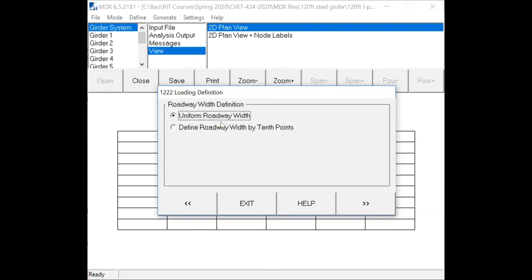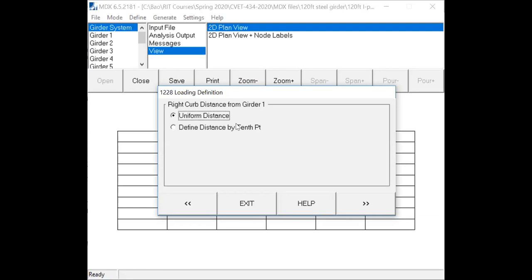And uniform roadway width. Okay, roadway definition, and roadway width perpendicular to the girders is 84. That's the clear roadway width. And right curb distance from girder 1, this is from the inside face of the curb to the center line of girder 1.